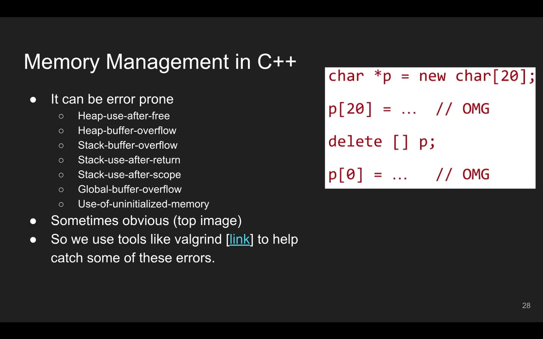The idea being that when you allocate memory on the heap, use it, delete it, and then try to use it later, that causes a problem, right? This is a use after free. We can't do that, because our system might have reclaimed it for something.